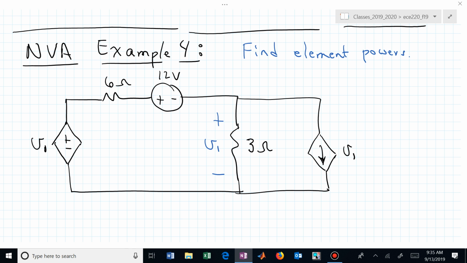We want to know what power is associated with the dependent voltage source, with the independent voltage source, with the 6 ohm resistor. How do we attack this problem?